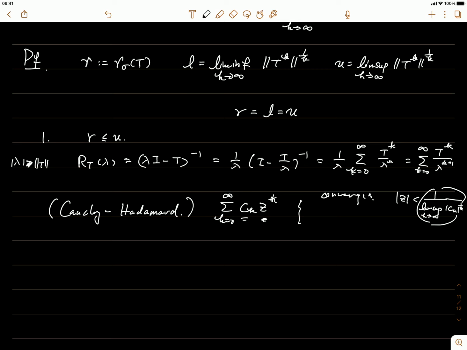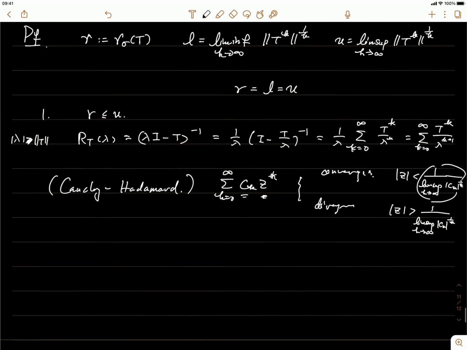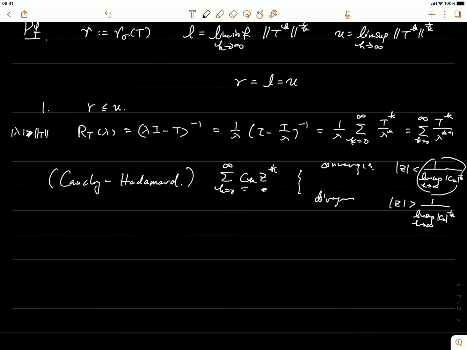So this is where it converges, and it diverges if z is bigger than this radius, which is again the same one, the upper limit of |c_k|^(1/k). If it's equal, then it's not sure whether it's convergent or divergent, but at least if it's smaller it's convergent, and if it's bigger it's divergent.